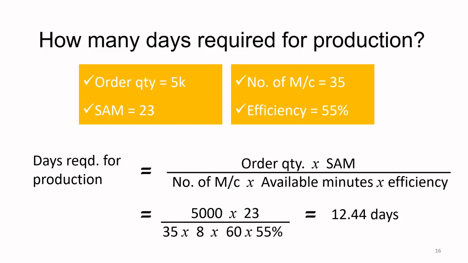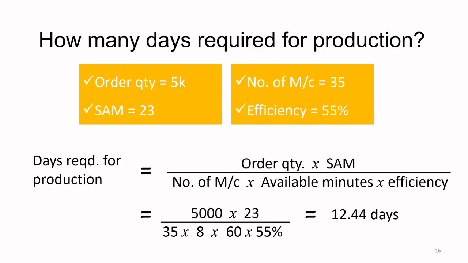So with 55% efficiency, how many days would it require to produce these 5,000 pieces of a style which has a SAM value of 23 minutes? So the formula is simple. The order quantity is 5,000. We multiply it with the SAM, which is 23. So 5,000 into 23 is going to give you the number of machine minutes which are required.